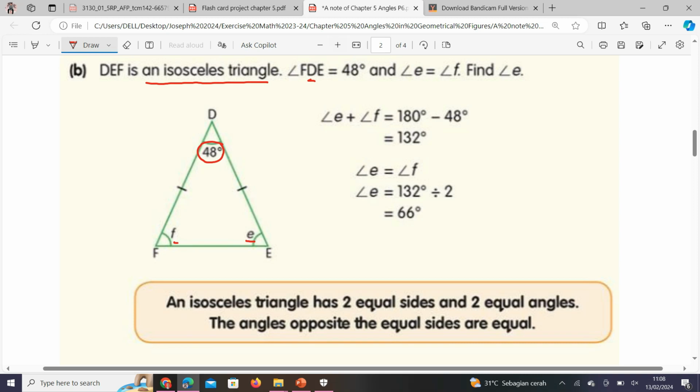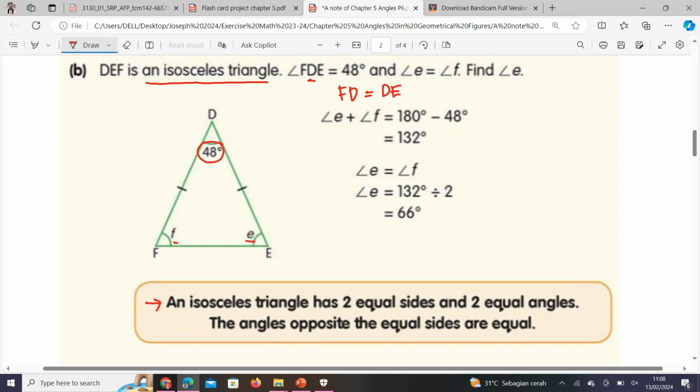To find the angle of E, you need to memorize this law or this statement. An isosceles triangle has two equal sides and two equal angles. The angles opposite the equal sides are equal. So, in this case, you may see that the side FD equals the side DE.